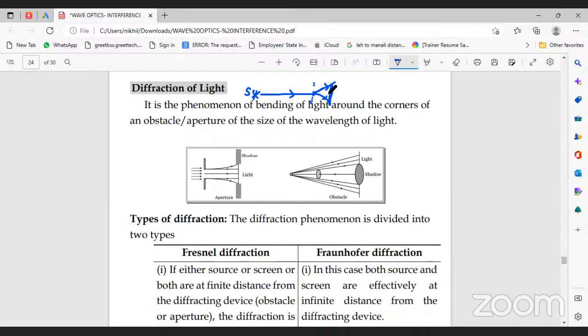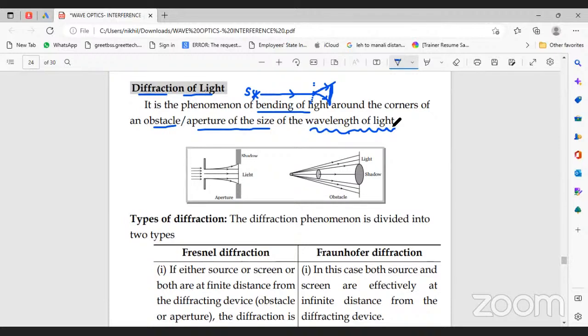This phenomenon is what we call the diffraction of light. Diffraction of light means it is just the bending of light around the corners of an obstacle, and this can be noticeable only if the size of the aperture is almost comparable with the wavelength of light.